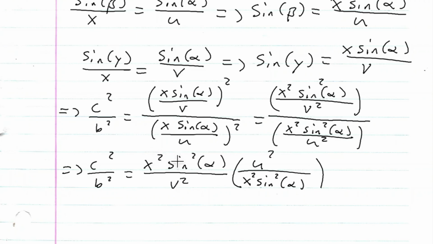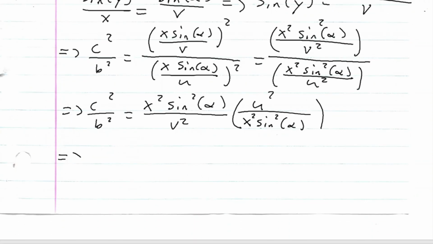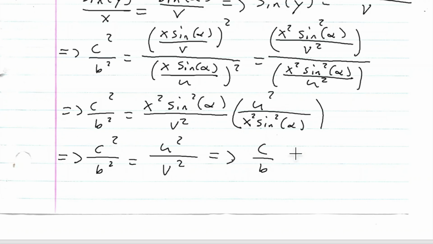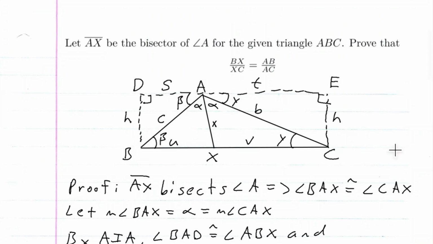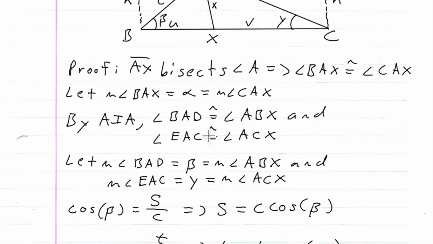So x squared sine squared alpha and x squared sine squared alpha, both of these cancel. And what you're left with is c squared over b squared is equal to u squared over v squared. And of course, if we take the square root of both sides, that'll give us c over b is equal to u over v, because we know these are all positive values because they represent the lengths of the sides of these triangles and these segments, right?